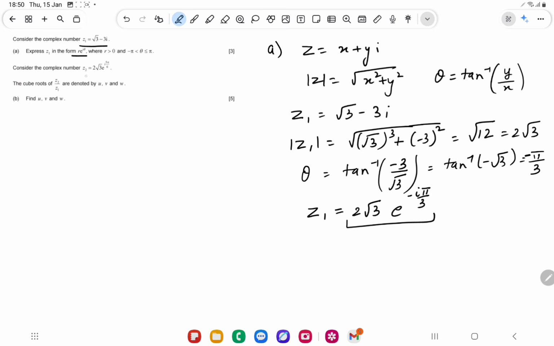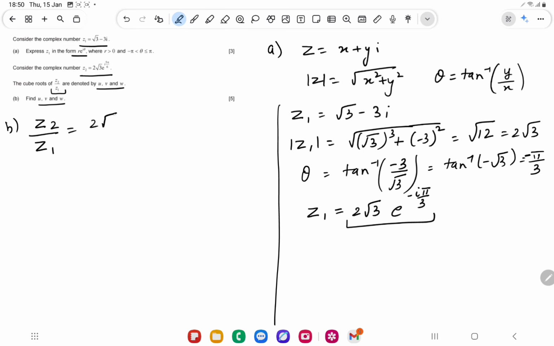Now for B part, I have to consider another complex number, and the cube roots of z2 by z1 are denoted by u, v, w, which we have to find. So for B part, first of all, I have to find what is z2 by z1.